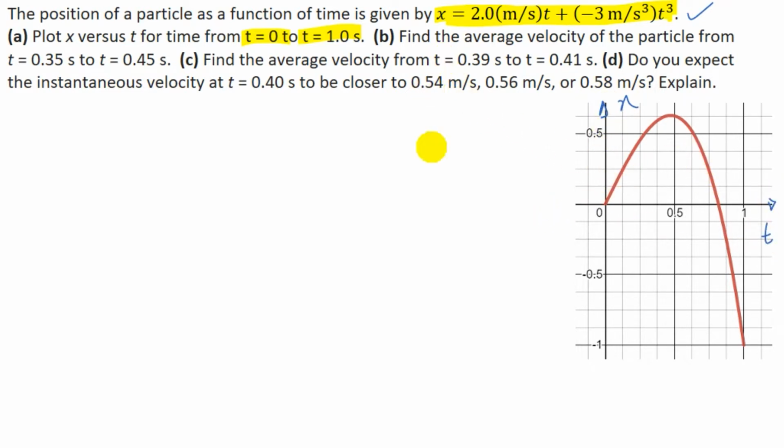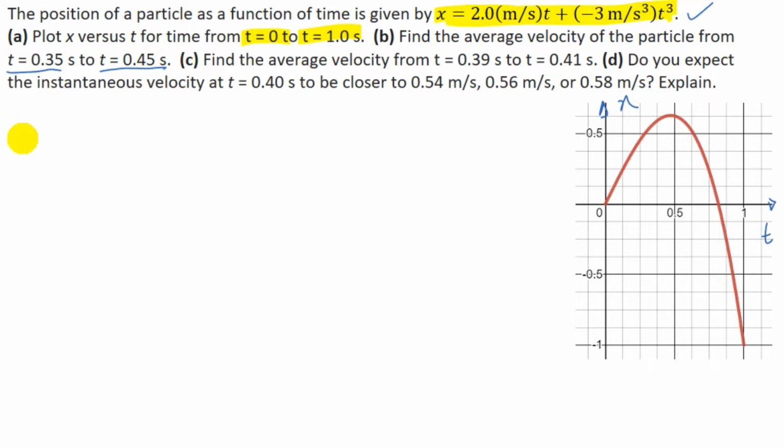Now in the B part we have to find the average velocity of the particle from time interval t equals 0.35 seconds to t equals 0.45 seconds. Now we know that the average velocity on the x-t graph is the slope of the line connecting 2 points between this time interval. Now it would be a little bit tough to find the coordinates. This is 0.35 to 0.45. So we can do another way.